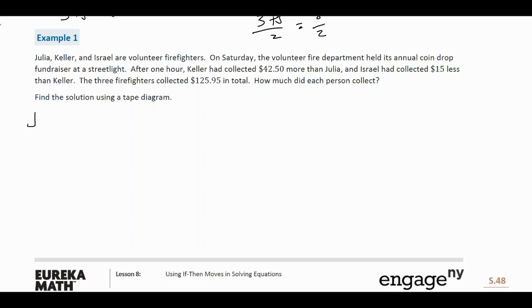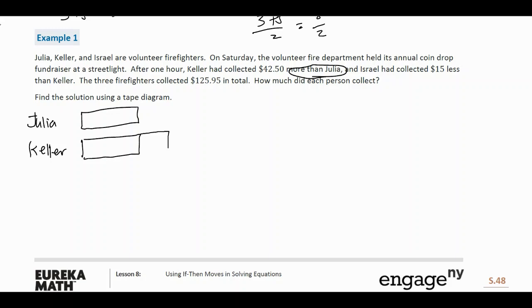So, for Julia, we can represent this as one box because we do not know how much she collected. For Keller, it says more than Julia, so it means it's going to be added, and $42.50.